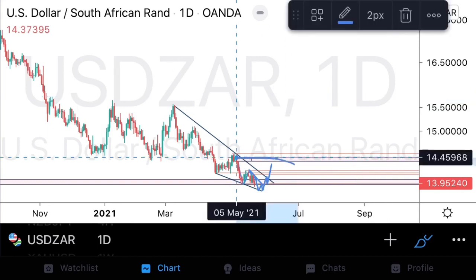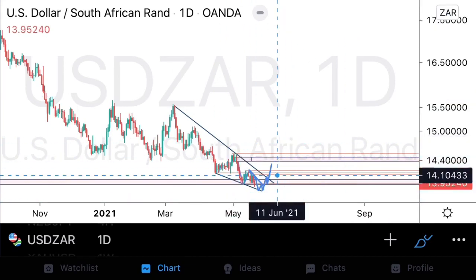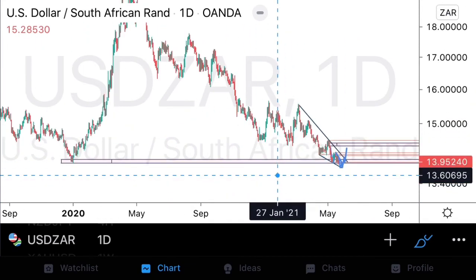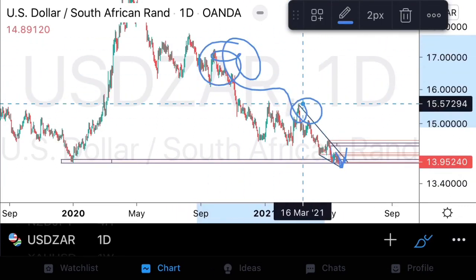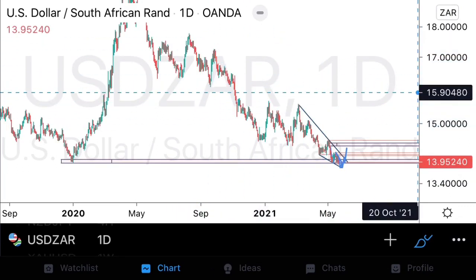So this is the best time to be depositing your funds, and when prices are higher, these are the best times to be withdrawing your funds. And that's how you can still make money, just by depositing.